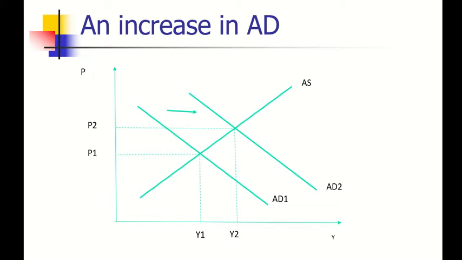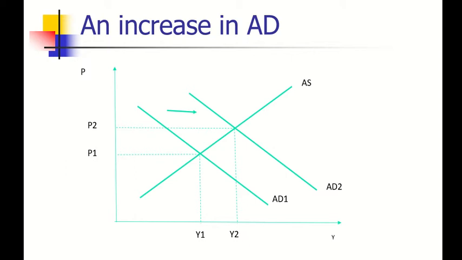So here is an increase in aggregate demand. We don't know how it happens, but let's say we are told that there has been an increase in aggregate demand. Previously we learned that an increase in aggregate demand is illustrated by a rightward shift of the aggregate demand curve. So here is our initial aggregate demand curve, and this is our initial equilibrium, P1, Y1, okay?